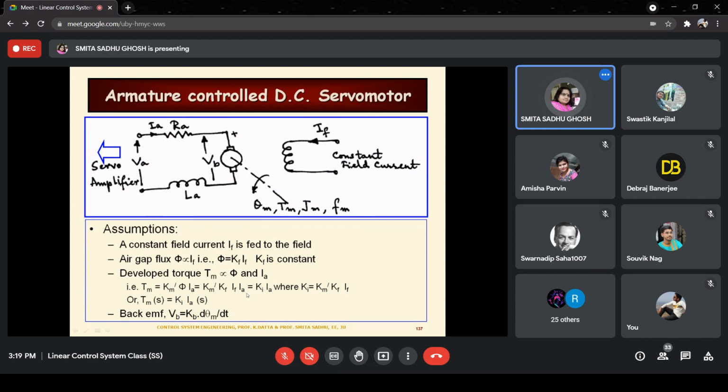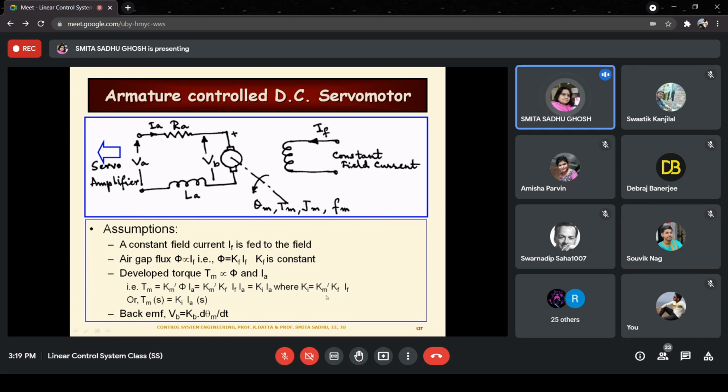Now over here, since this is an armature controlled DC servo motor, the field current is constant, so these first three terms over here, that is Km prime, Kf, IF, all these are constant.